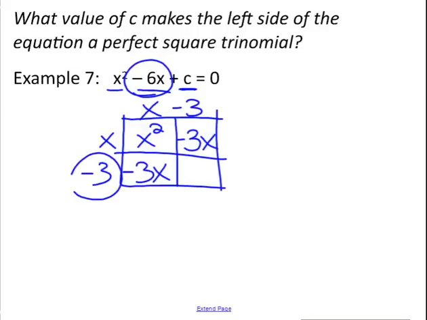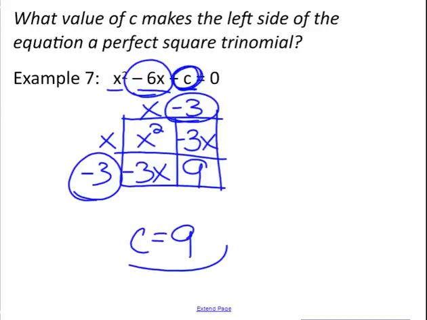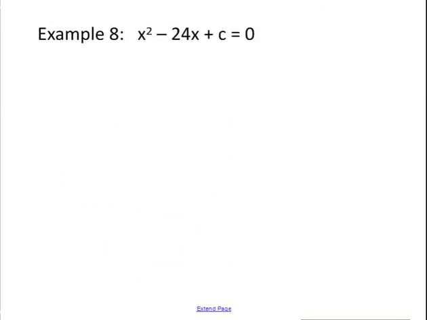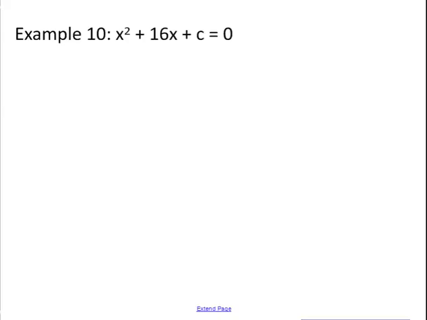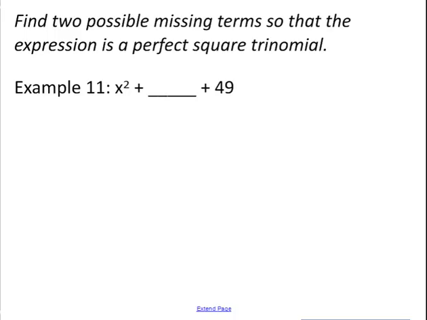If we multiply the negative 3 times the negative 3, we get positive 9. So that missing term right here, C, has to be 9. I'm going to have you do example 8 on your own, and example 9, and example 10.